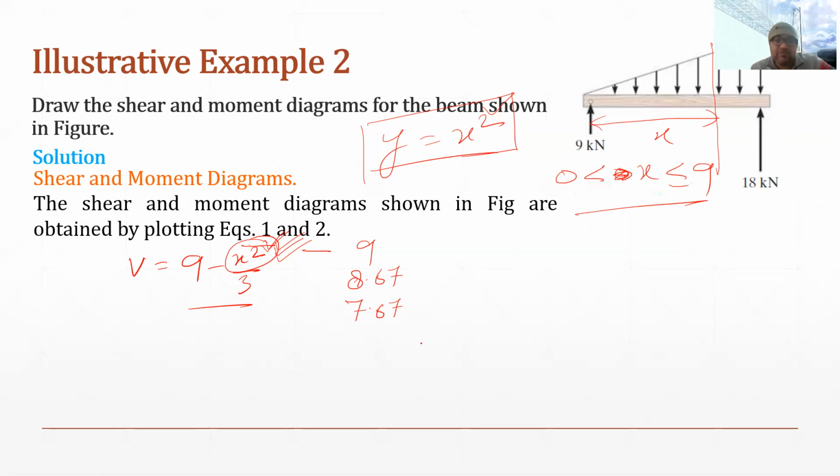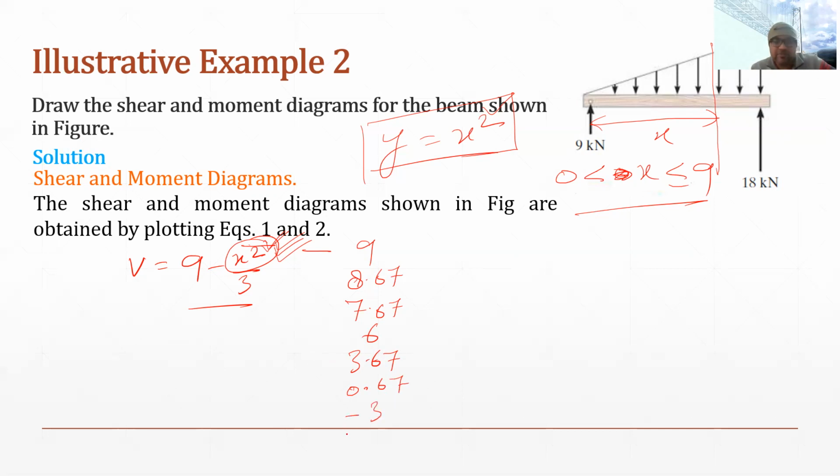When we put the value 3, we get v as 6. When we put 4, we get v as 3.67. When we put 5, we get v as 0.67. When we put 6, we get -3.